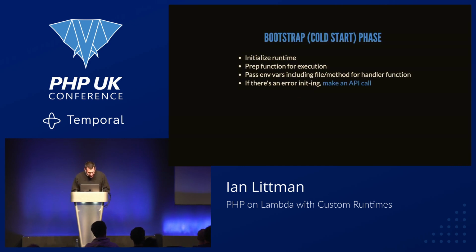So, on Bootstrap, AWS initializes the runtime and pulls down whatever files are associated with a function, whatever layers, and then it sets a bunch of environment variables, and then calls your Bootstrap file, which should either get things ready to call to AWS and ask for work, or it should call an API endpoint saying, hey, I had a problem starting up.